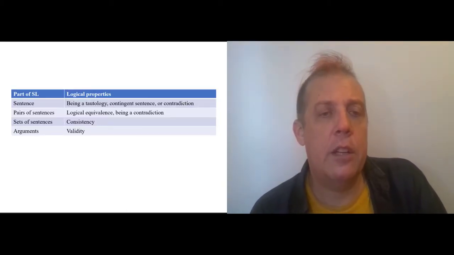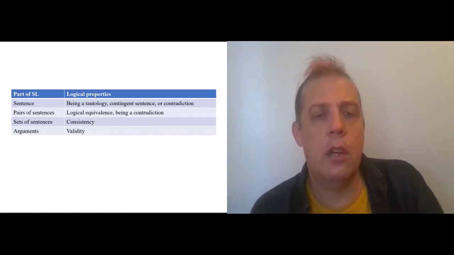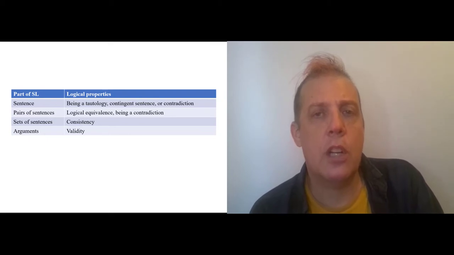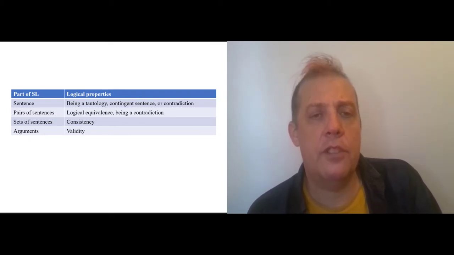So we had different logical properties that we are using to analyze sets of sentences or individual sentences. So for an individual sentence, we can say it is a tautology, a contingent statement, or a contradiction. If we've got two sentences, we can say that they are either logically equivalent or not.